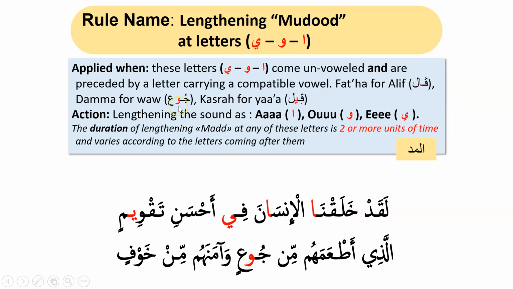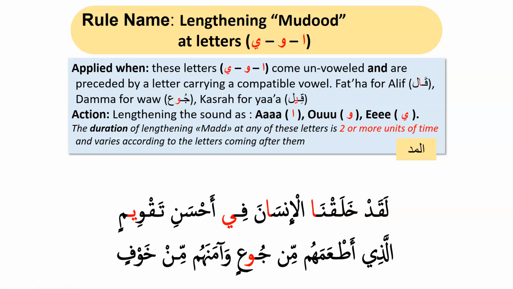Waw here is coming also sakin, ju'. It's not jawa'a, it's not jawi'u, or ju'u. So it's ju'. Waw is sakin, and the letter coming before it is carrying dhamma. So here we have the 2 conditions fulfilled.